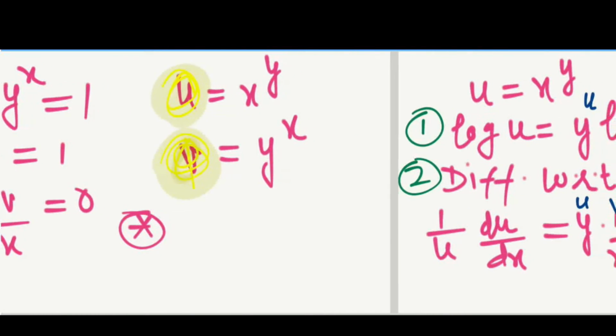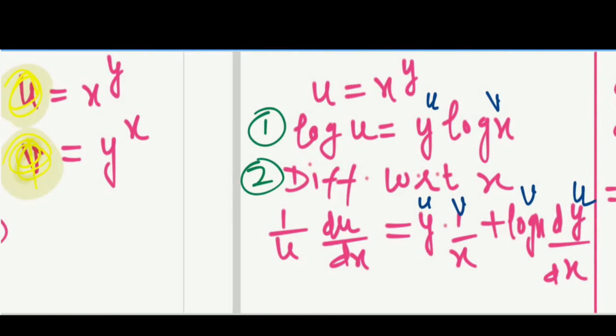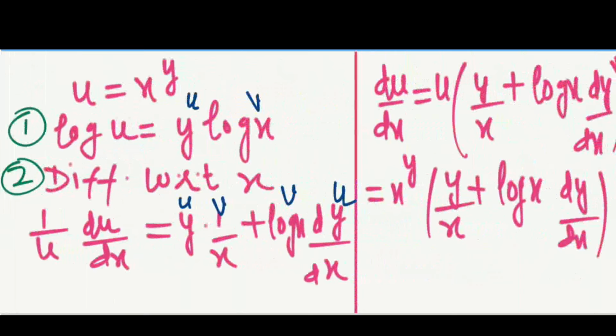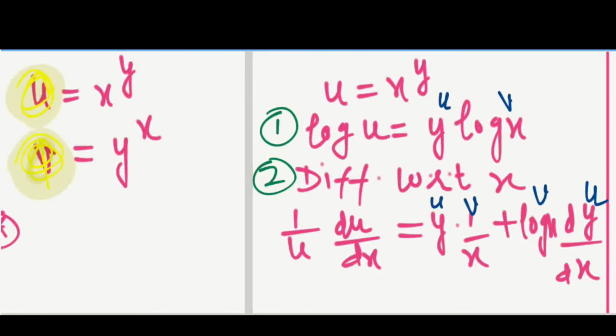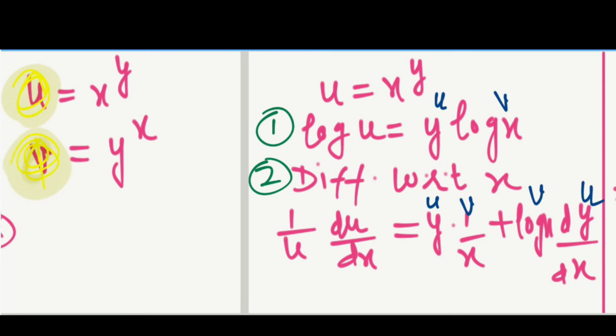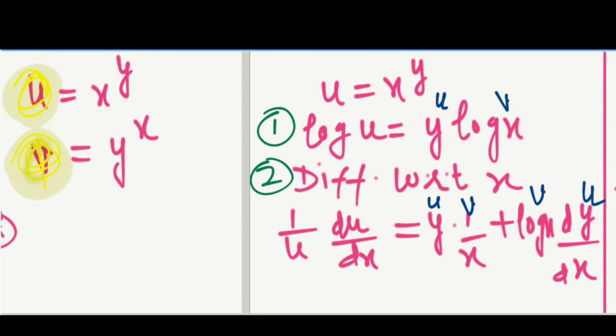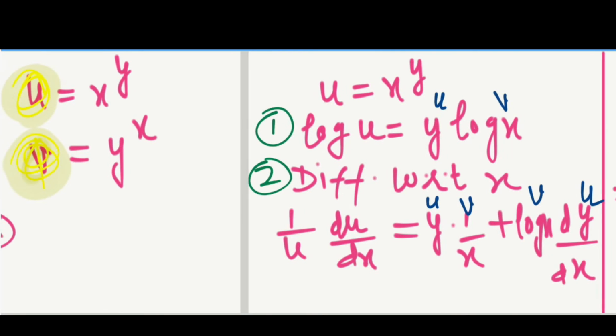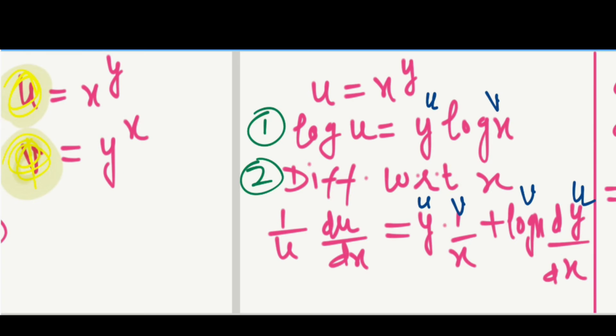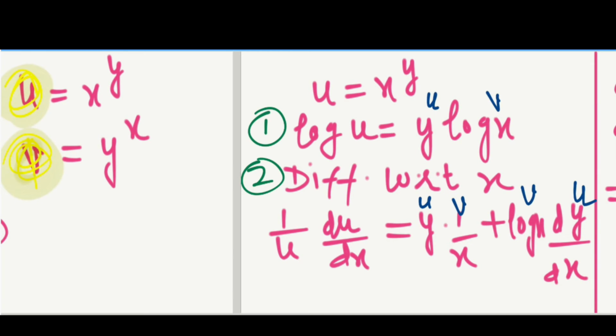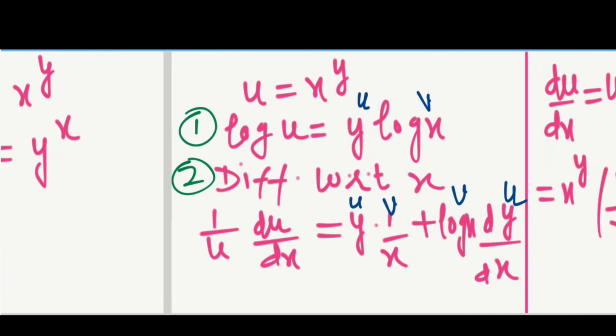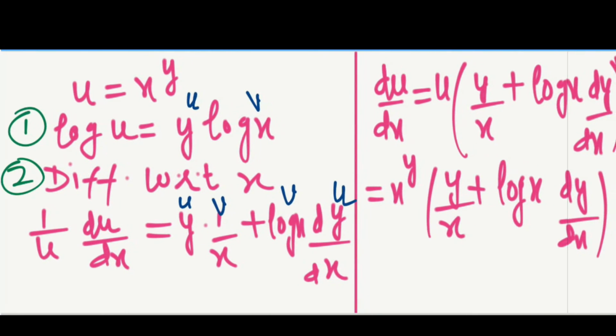First of all, to find the derivative of u, we take u equal to x raised to power y. Now the variable is in the power, so with the same approach, taking log on both sides, we get log u equals y log x. In the second step we differentiate with respect to x.